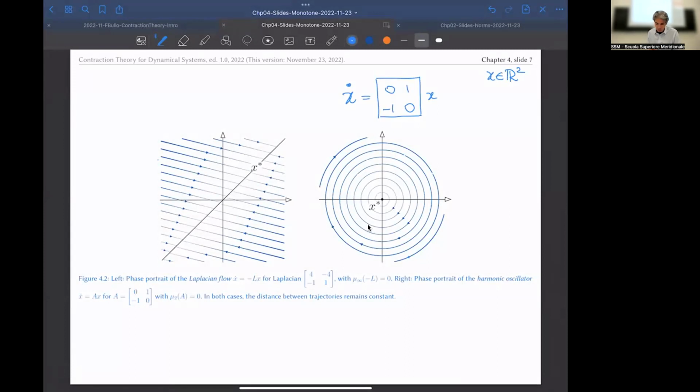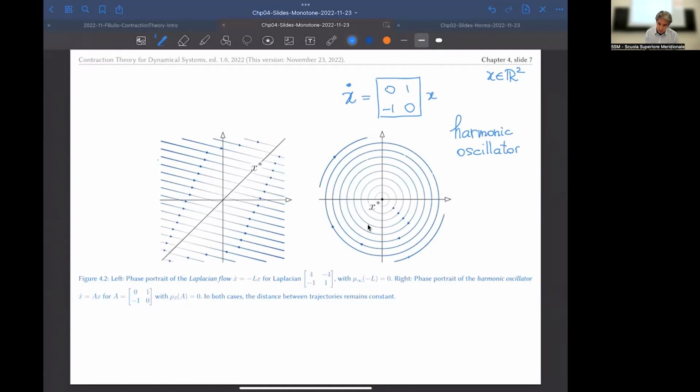I think you should know this is called a harmonic oscillator. Standard dynamical system, 2 dimensions, unit frequency. I removed the parameters for simplicity. And I have drawn here on the right its phase portrait.